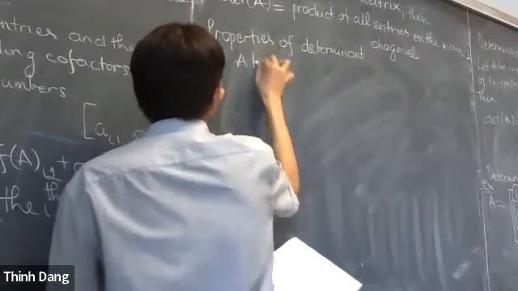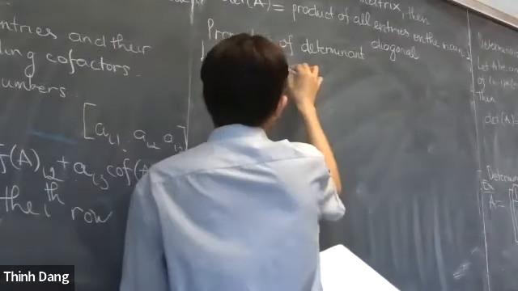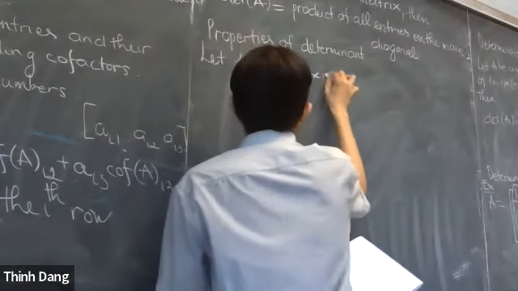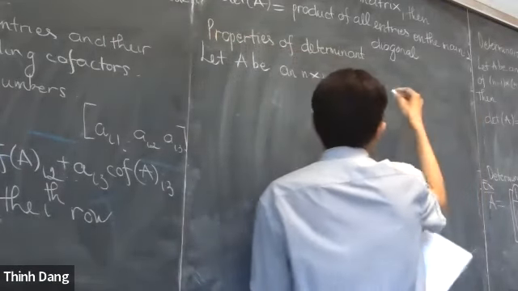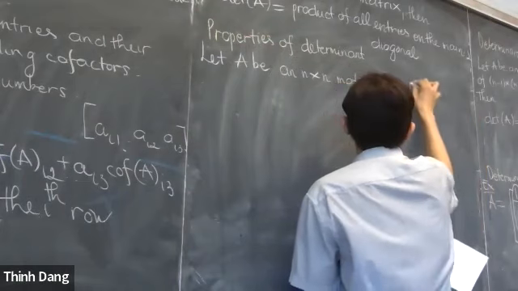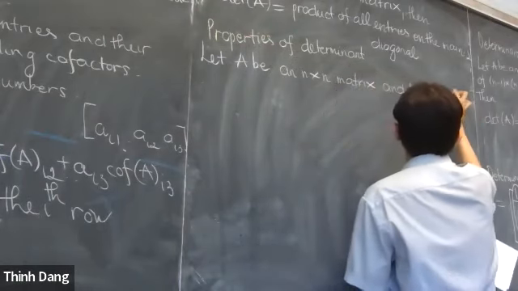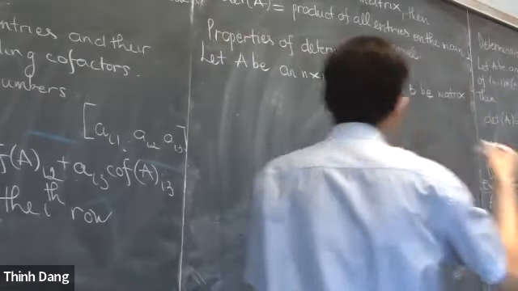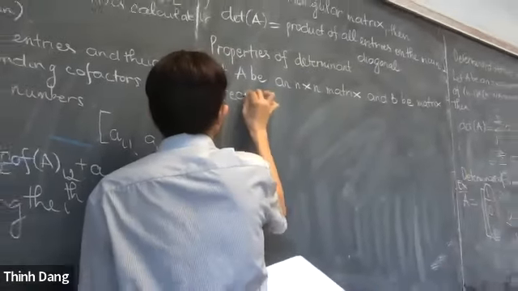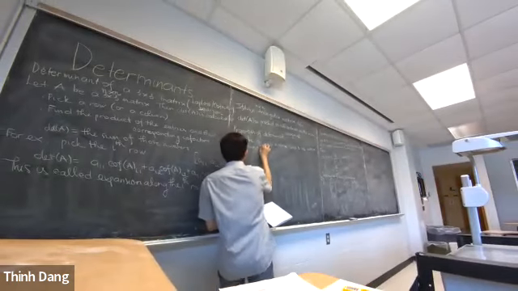Let A be an n by n matrix and B be the matrix received by a row operation.